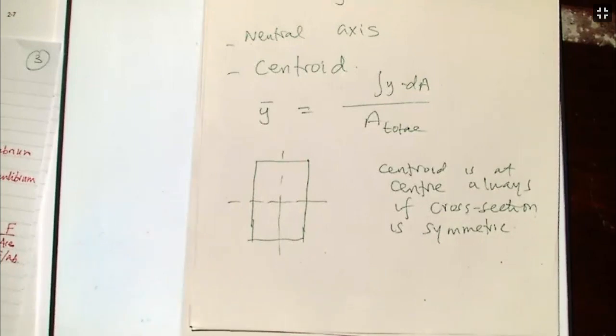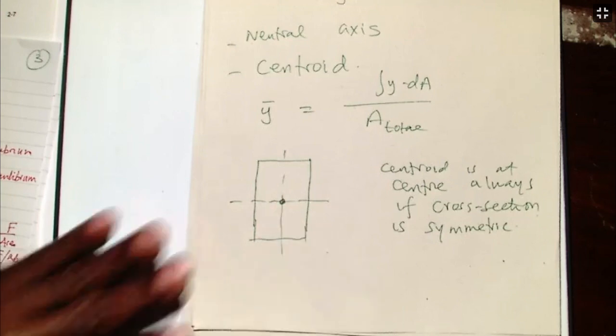So if the cross-section is that, then your centroid is right there.